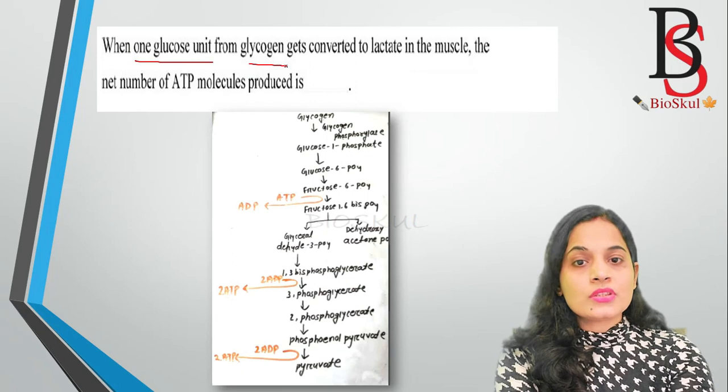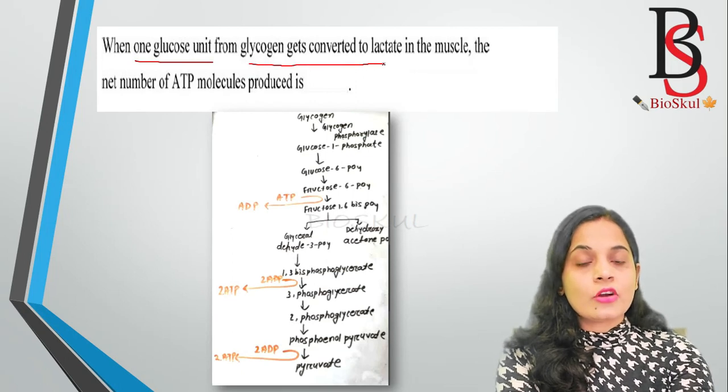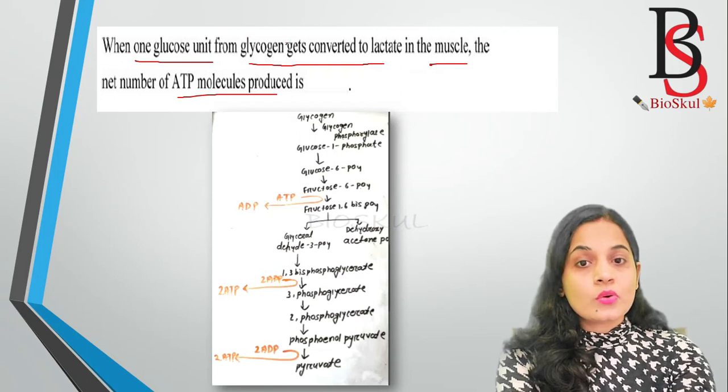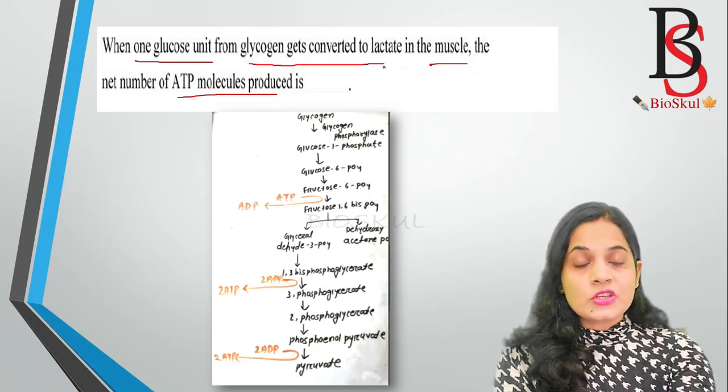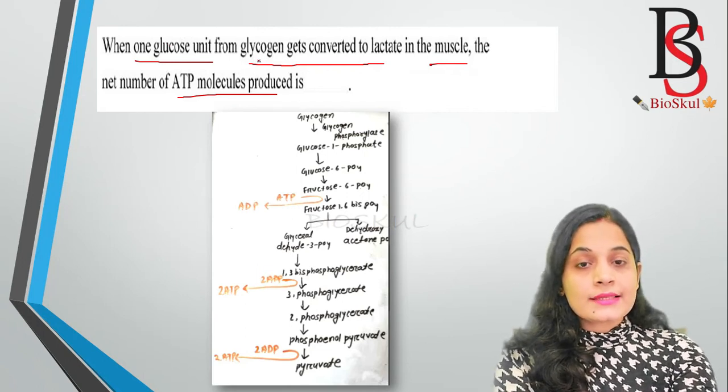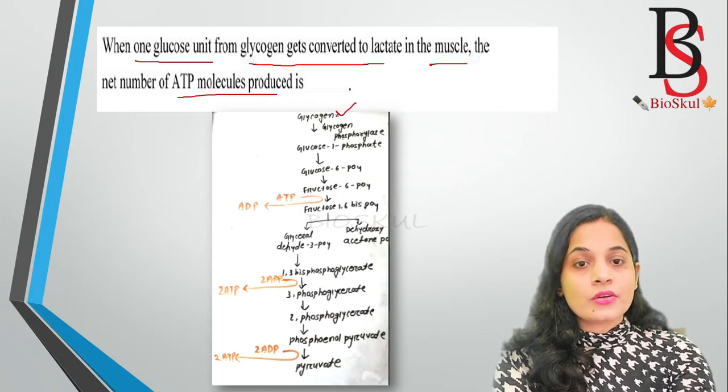Okay, let's see this one. When one glucose unit from glycogen gets converted to lactate, here in the question, one glucose unit from glycogen is converted into lactate in the muscle, so it is about anaerobic respiration. But see, it asks about one unit of glycogen being converted.